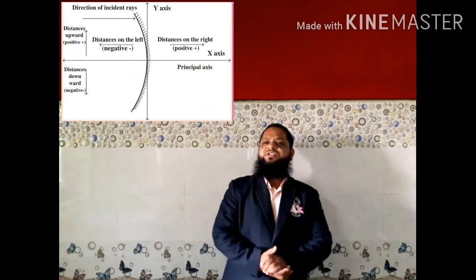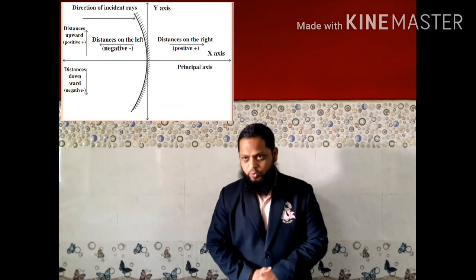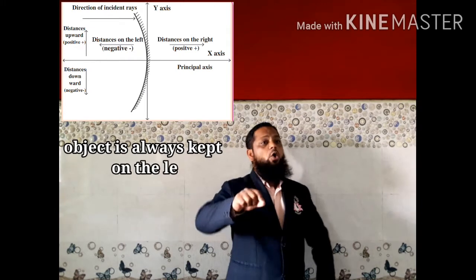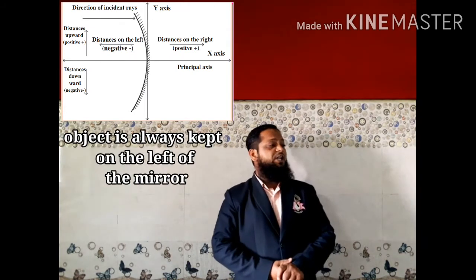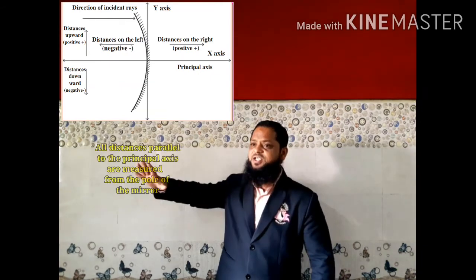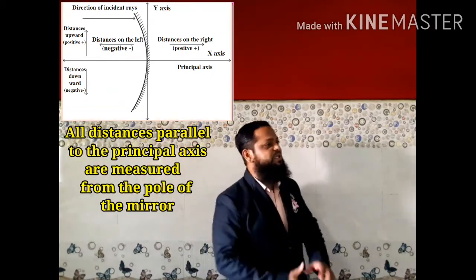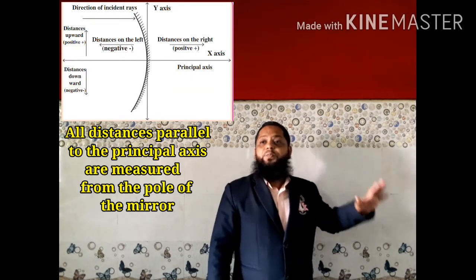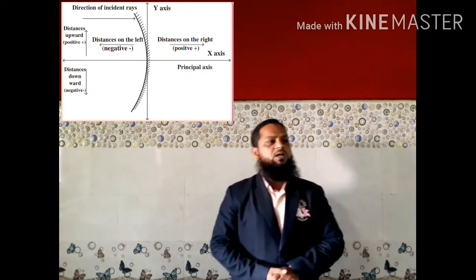The sign conventions are as follows. Number 1: the object is always kept on the left of the mirror. All the distances parallel to the principal axis are measured from the pole of the mirror.